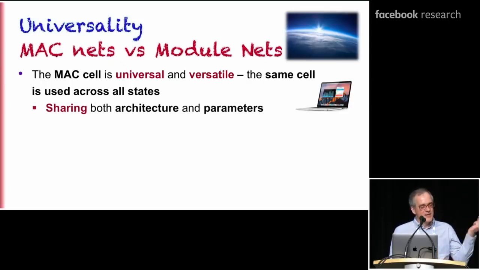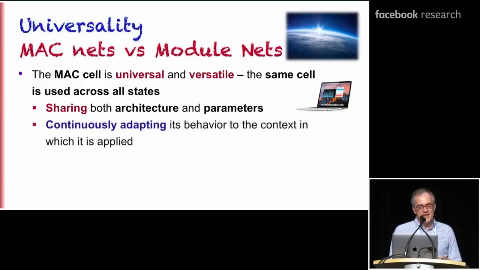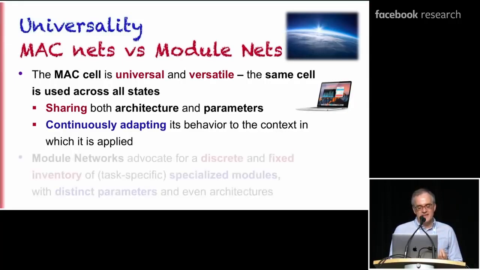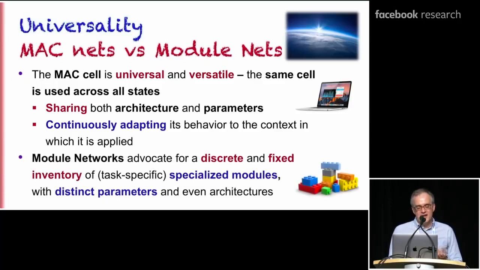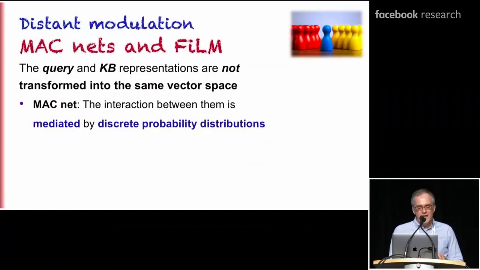Indeed, we did some ablation studies, and you actually get worse performance if you don't share the parameters in a sequence model manner. This cell can adapt its behavior based on the context in which it's applied. In contrast, neural module networks have a discrete fixed inventory of rather task-specifically designed specialized modules with distinct parameters and even architectures. So they lack the generality, and they lack any of this concept of sharing and universality.